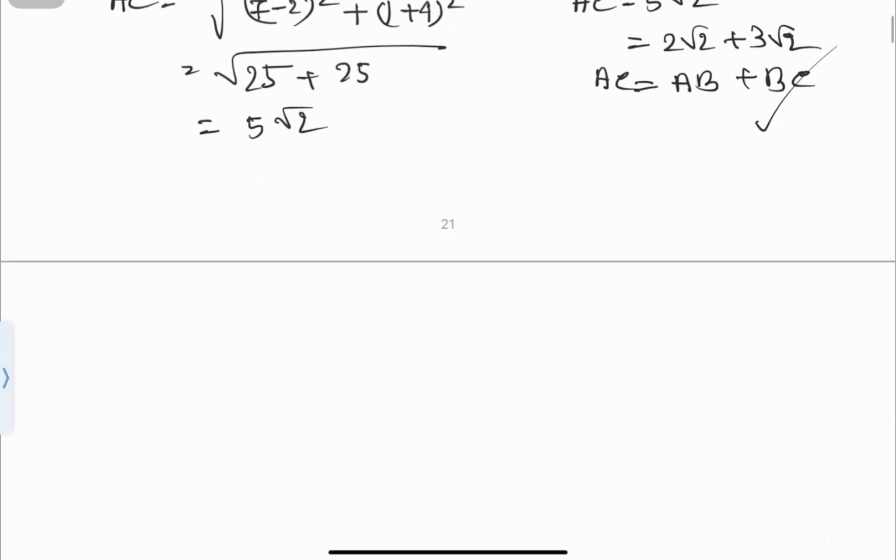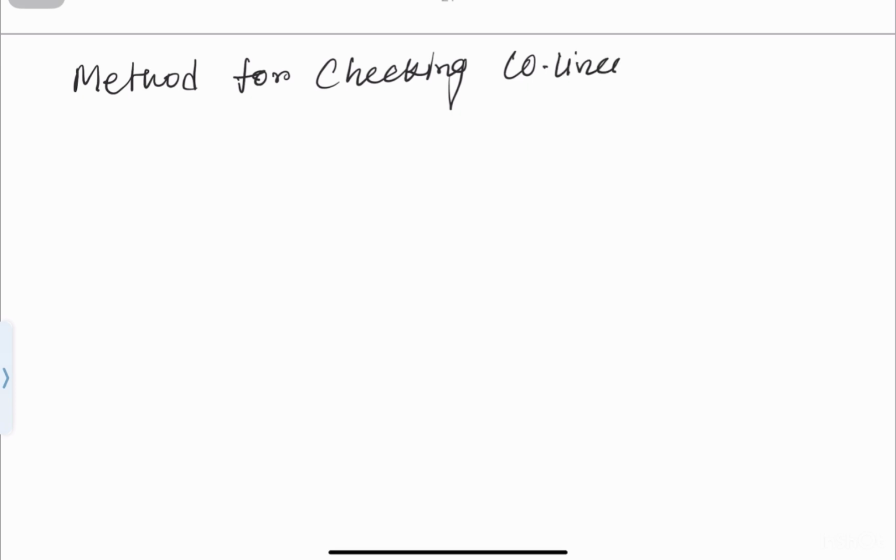There is another method to check collinearity. Try to understand this method for checking collinearity. Assume I have given 3 points: A, x1, y1, B, x2, y2, and C, x3, y3.